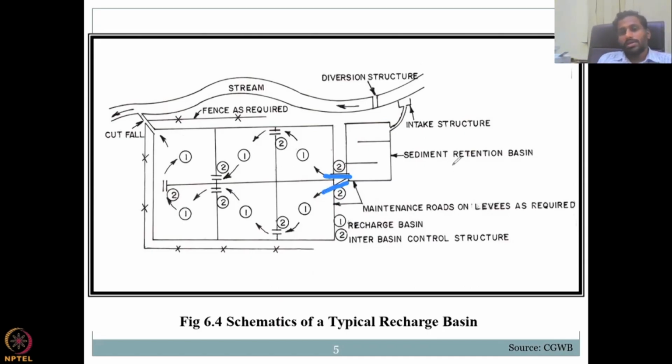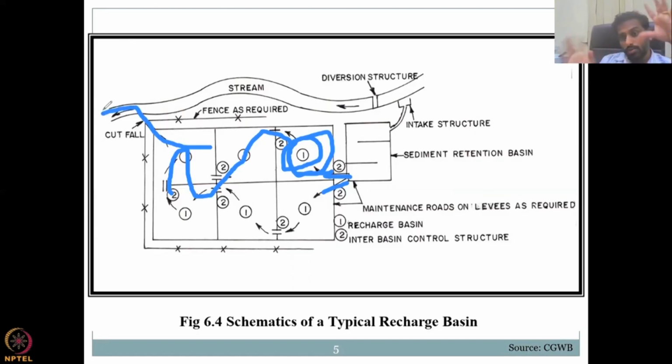So you take water, you let it drop the sediments, and then water flows into this basin. It first fills up this small partition, and then it goes into this channel to the next partition, and then another partition, etc. It slows down the water, but here the sediments are not there, so only water recharge is happening. And then there is a cut fall where water gets back into the mainstream.